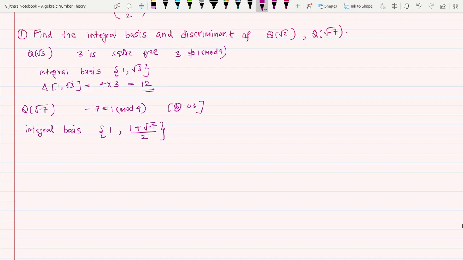And the discriminant of 1 comma (1 plus root of minus 7)/2: either you can find the discriminant directly, or if you remember the theorem you can directly write that it is d. So here d is minus 7. If it is a problem in part A of the question paper, you can find the discriminant by finding the determinant, as we did in the previous theorem.